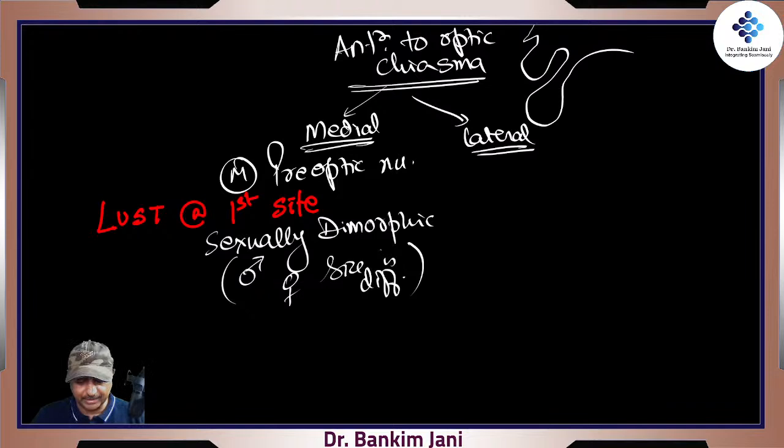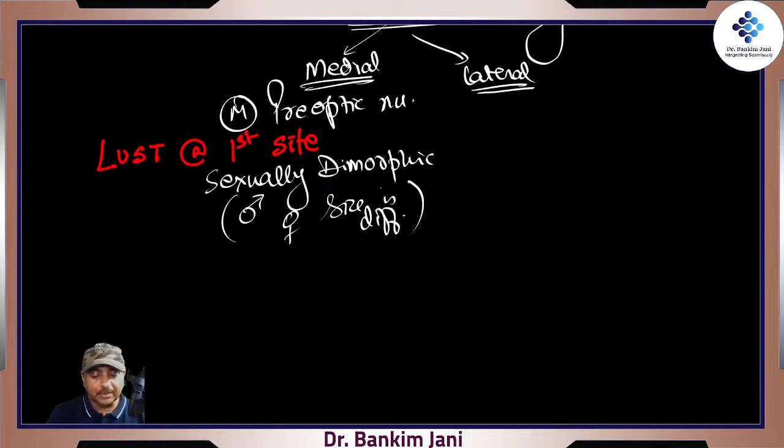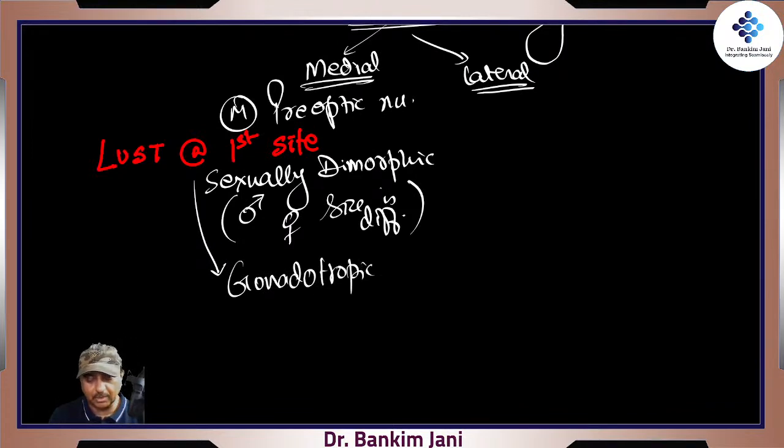What does it really do? This particular nucleus releases one of the most important hormones, gonadotropin-releasing hormone, or the gonadotropic hormone. This gonadotropic hormone leads to development of gonads, male and female, depending upon the case.